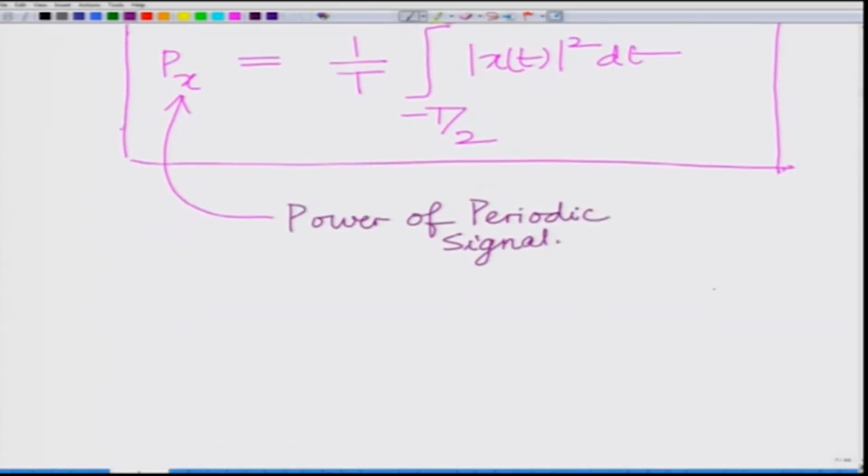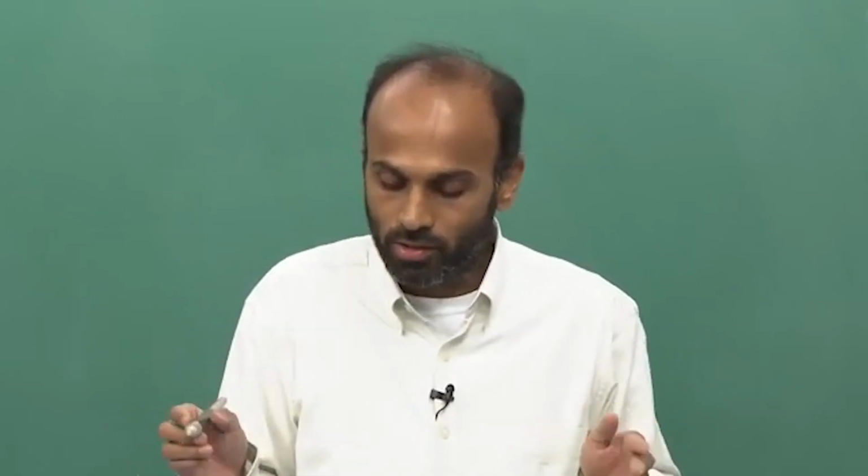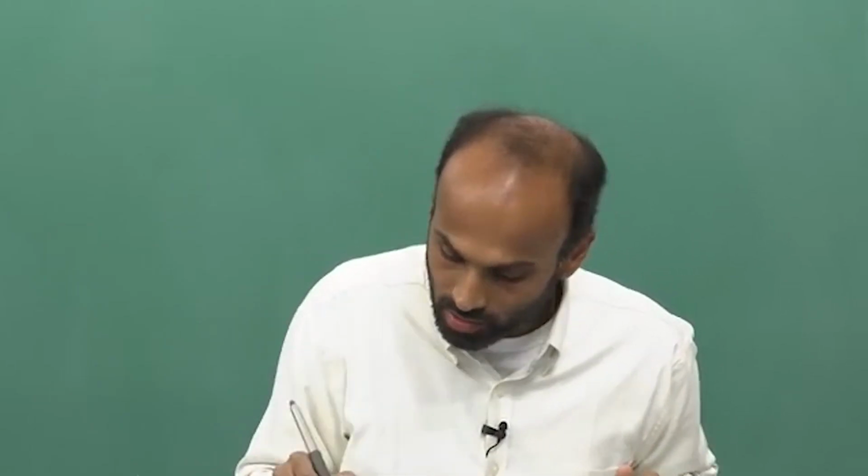What is this? This is simply the power of a periodic signal; it is the energy in a single window, that is the energy in a single period, divided by the period, that is the size of the window capital T.